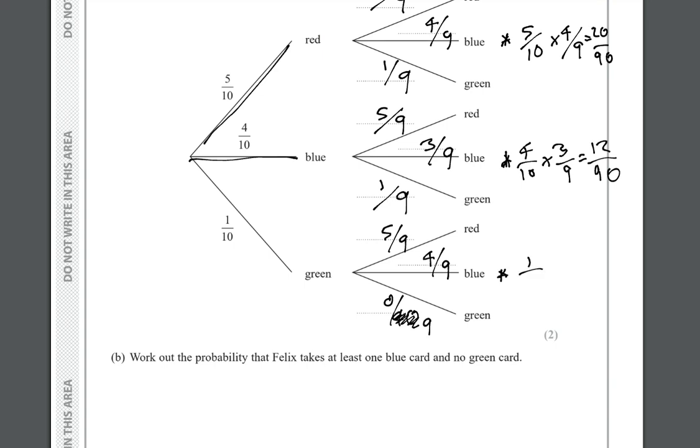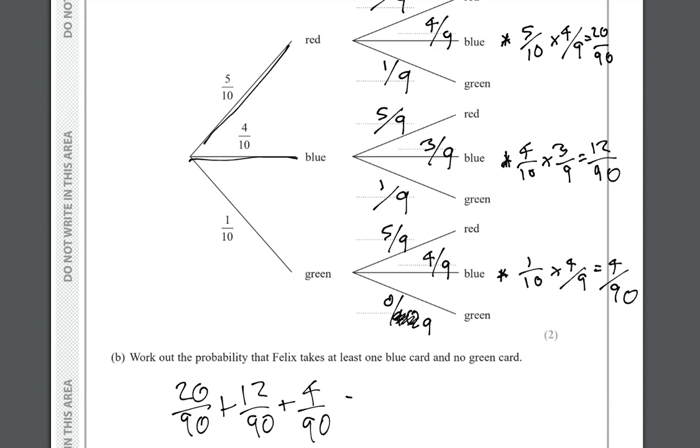And this one is 1 tenth times 4 ninths, which is 4 over 90. So altogether, that's 20 over 90 plus 12 over 90 plus 4 over 90. I make that 36 over 90, which if we simplify that down, divided by 9 is 4 over 10, which is 2 over 5.